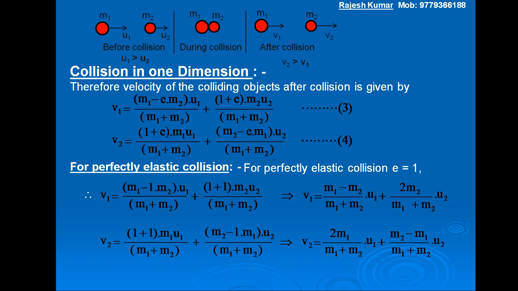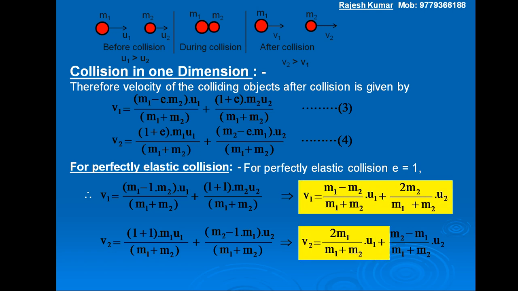So this is the velocity of mass M2 after collision in a perfectly elastic collision. So these are the velocities of colliding objects after collision in case of a perfectly elastic collision.